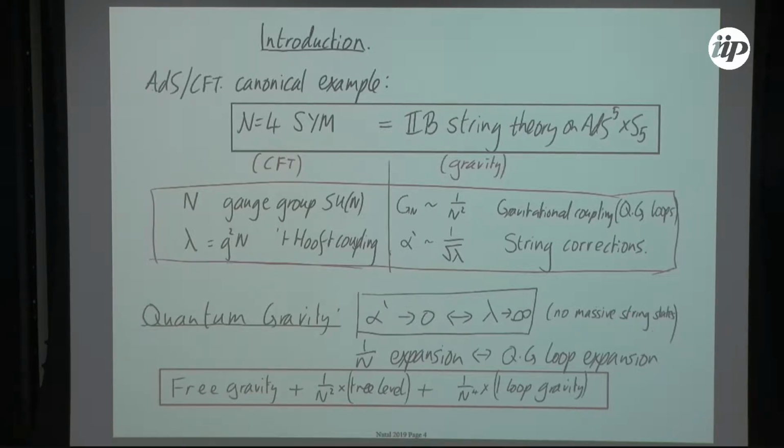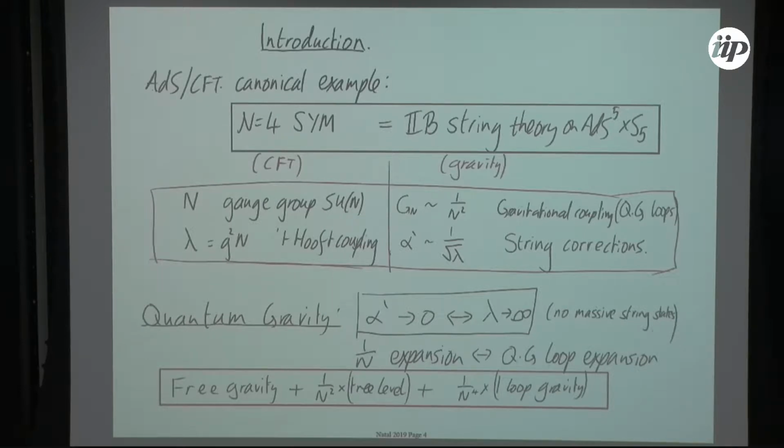Okay, so you've all seen a slide like this at some point. This is AdS/CFT. We're looking at the quantum gravity limit, so we're taking alpha prime string corrections to 0, and the 't Hooft coupling to infinity, and then the 1/N expansion we think of as a quantum gravity loop expansion. So you've got the free, disconnected parts from the Yang-Mills point of view, which are the leading contributions, and you've got 1/N^2 times the supergravity tree level amplitudes.